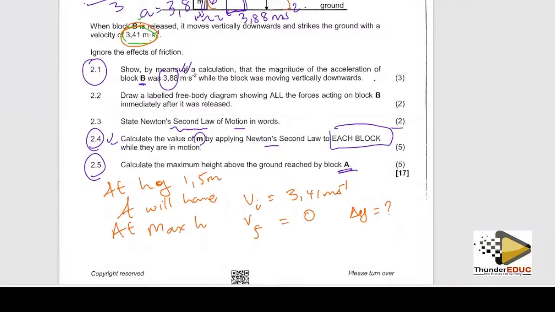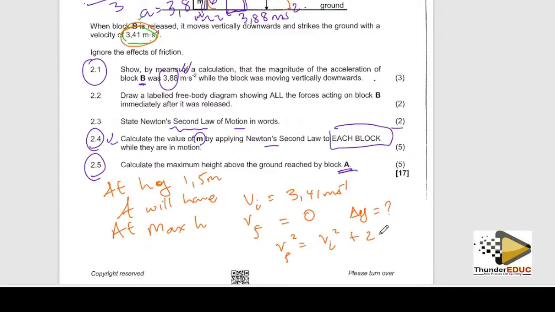So I can use that formula of VF squared is equal to VI squared plus 2G. If I use G, I can use A. I don't need to use G as such.